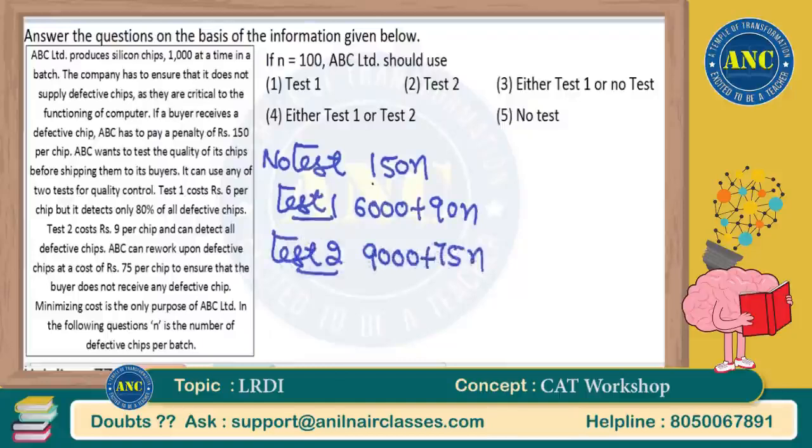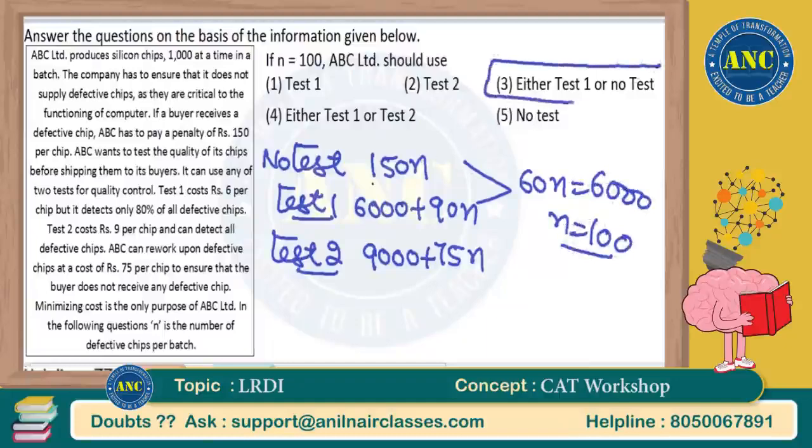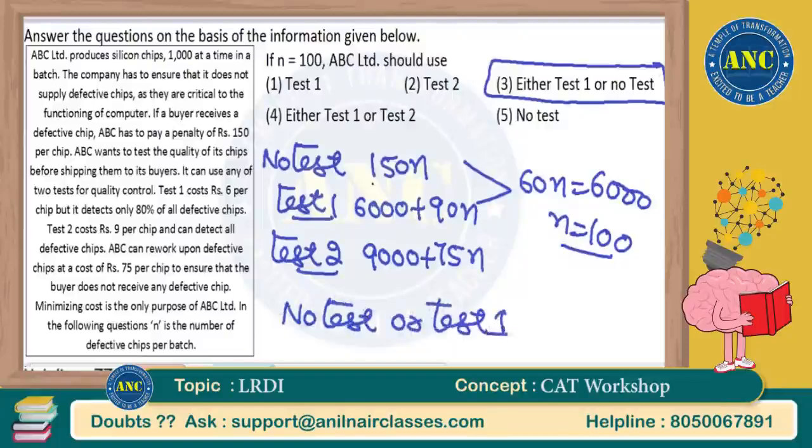Now see here, already we discussed this 60n is equivalent to 6000. The n value is 100. N value 100 means we can use either no test or test 1.